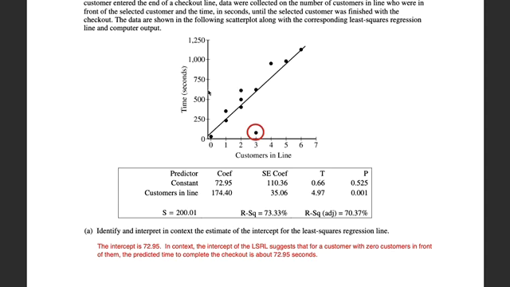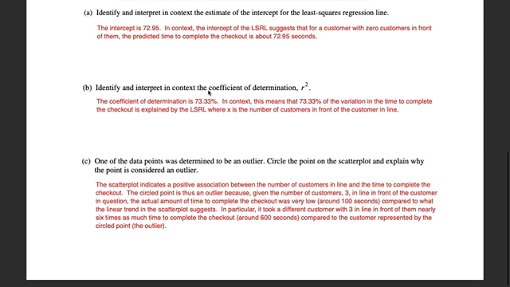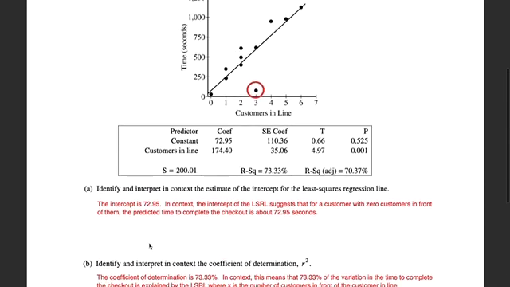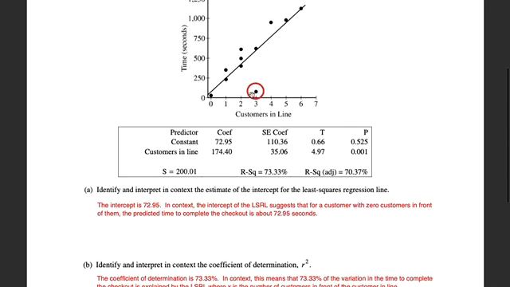Don't say it is 600 seconds. You could just say it's around 600 seconds. And I'm showing the degree of the comparison because this is 6 times as much time to complete the checkout compared to the customer represented by the circled point, by the outlier. So that's a comparison that you could use to describe in this context why that point is so unusual compared to the other points that we see in the scatter plot.